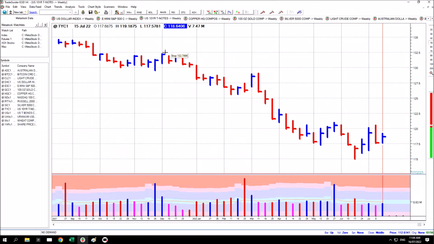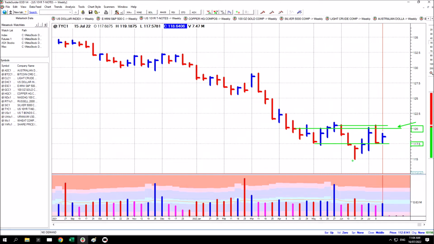The US Treasury 10-year note futures are trading in a little range at the moment. For me, towards the upside, this 120 line is the interesting level to keep an eye on, and below it, the 117.